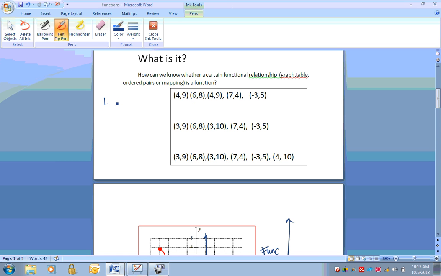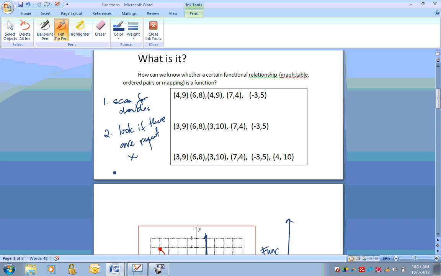Step 1, scan for doubles. If you find doubles, erase the second one you see. After you scan for doubles, look if there are repeating x's. If none, it's a function.